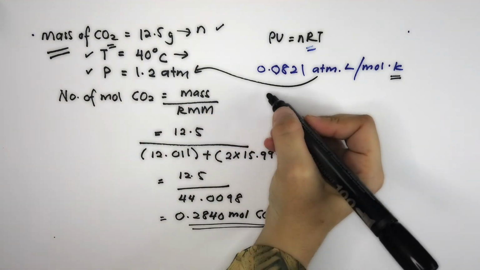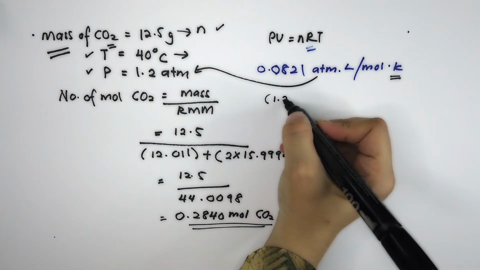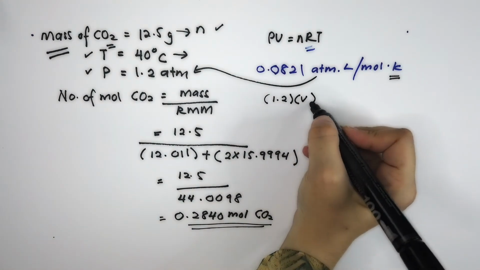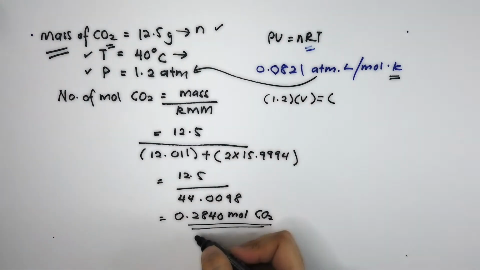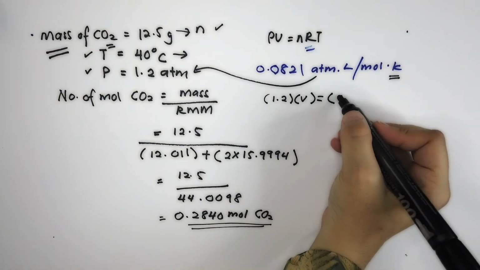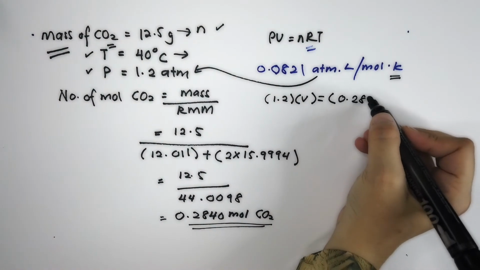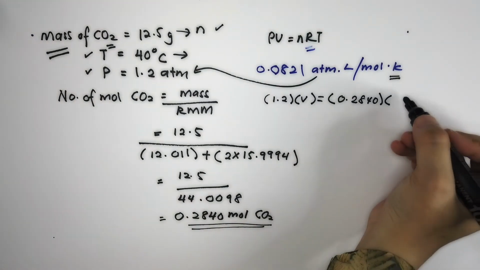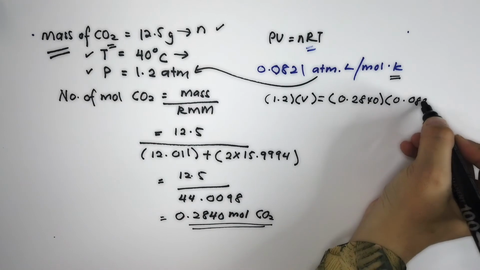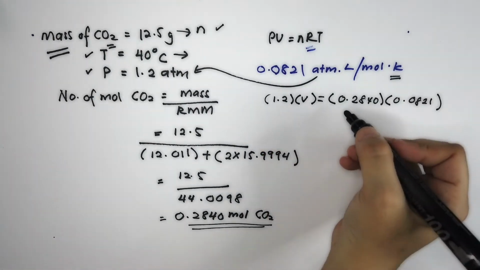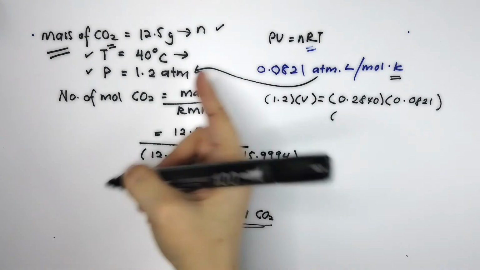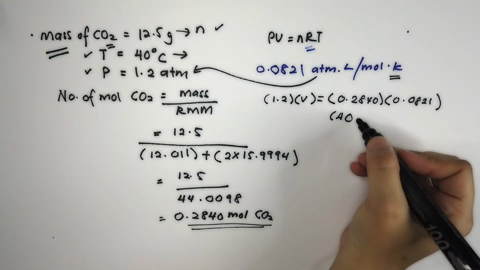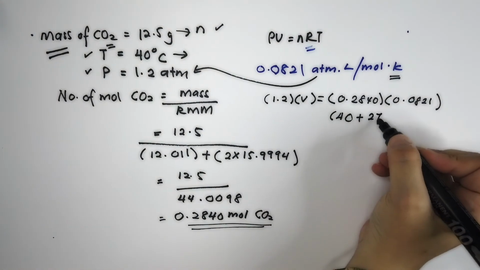So pressure is 1.2. The volume is the one that you want to calculate. N is the one you have calculated just now, 0.2840. The value of R is equivalent to 0.0821. And the value of T is 40 degrees Celsius. So you are going to convert it to Kelvin plus 273.